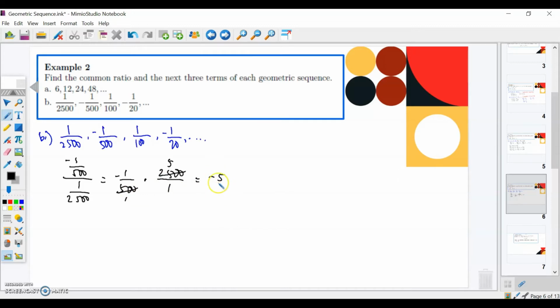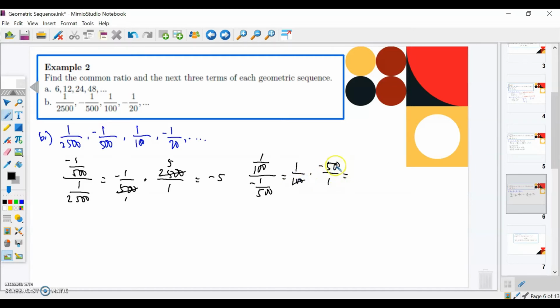Now, we look at another pair of consecutive terms to verify whether negative 5 is really the common ratio of this geometric sequence. So I will consider 1 over 100, then divide this by negative 1 over 500. This is equal to 1 over 100 multiplied by negative 500 over 1.